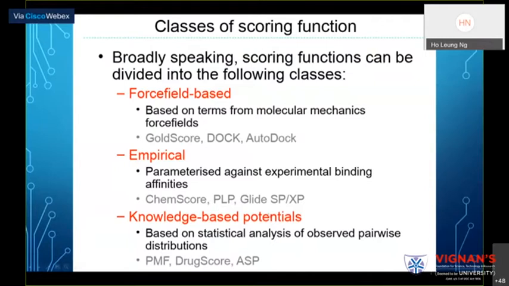And this is nice because this provides an orthogonal method of scoring compared to the first two. And so what generally works the best is to combine the best features of these three. And you can do that very nicely by using neural networks.